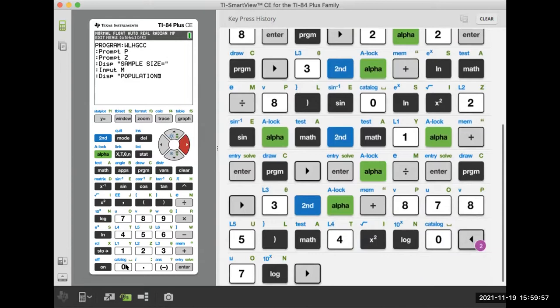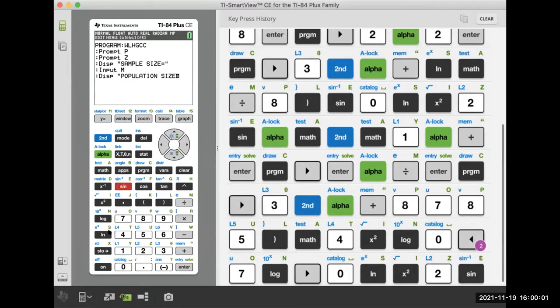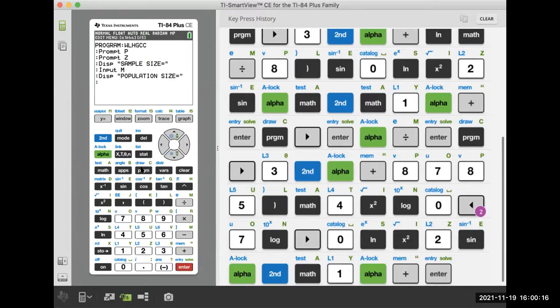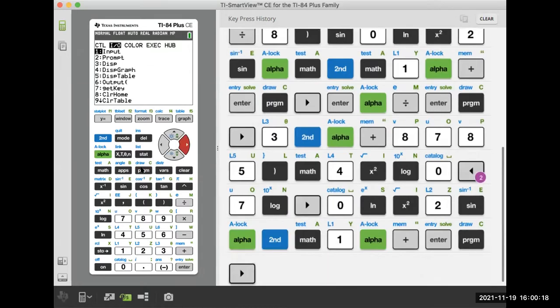Not that it really matters. Population size. And let's unlock this. And let's go to test equal, because I like equal signs. And then let's end the quotation. And let's input this. So program, I/O, first one is input. And let's input this into N.